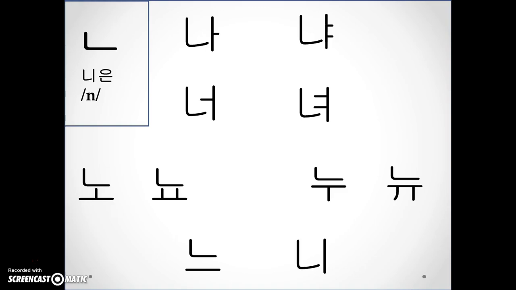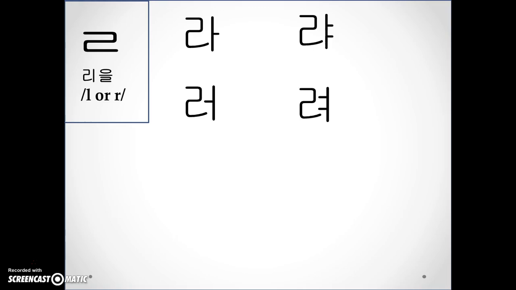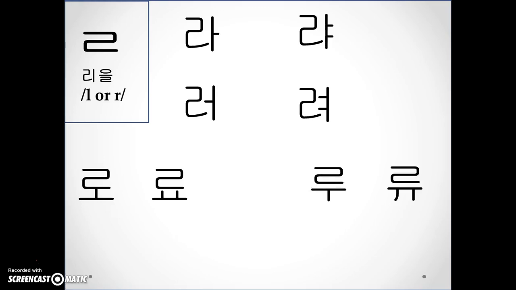Okay, so moving on to 리을. 리을 can be either L or R, and I'll explain to you why in the following slide. But just to combine them with basic vowels as we've done before, it's going to be like this. 라, 랴, 러, 려, 로, 료, 루, 류, 르, 리.